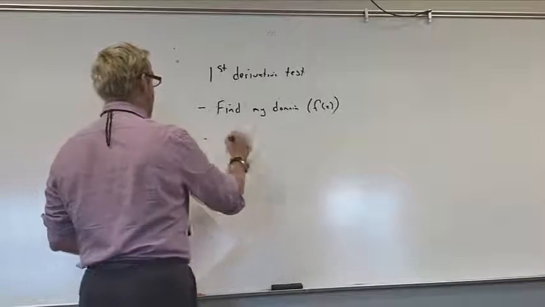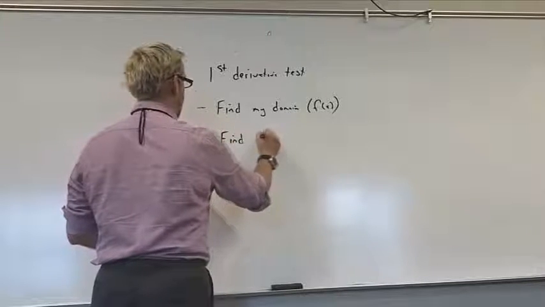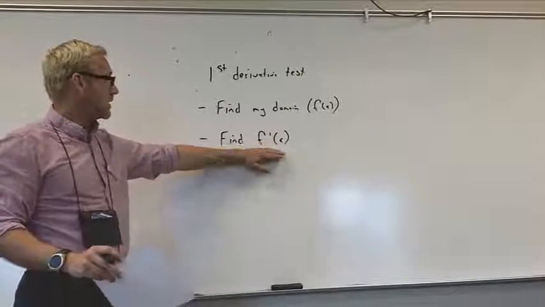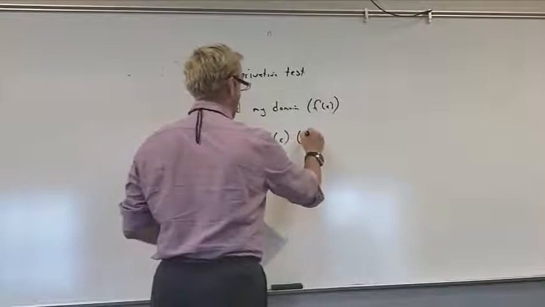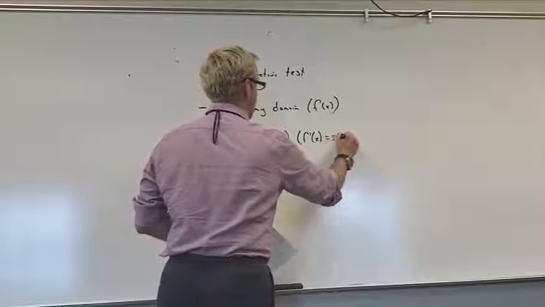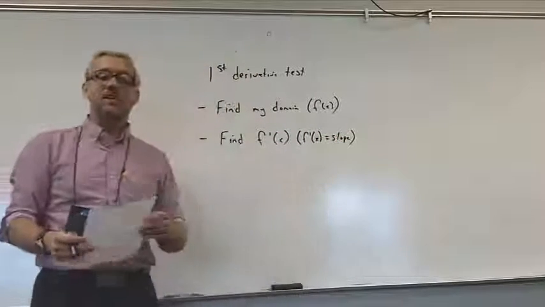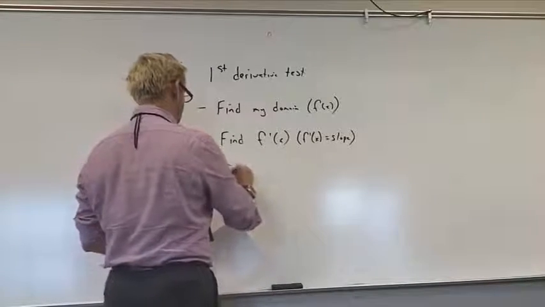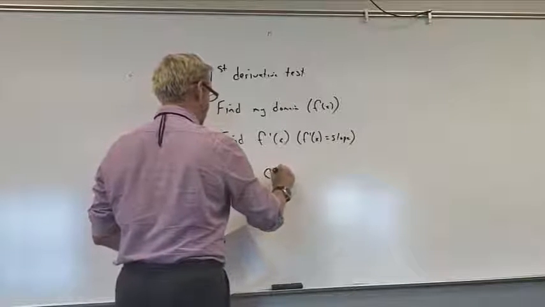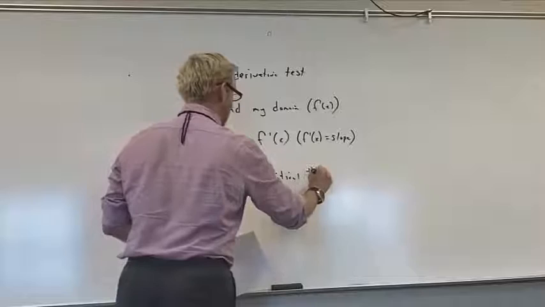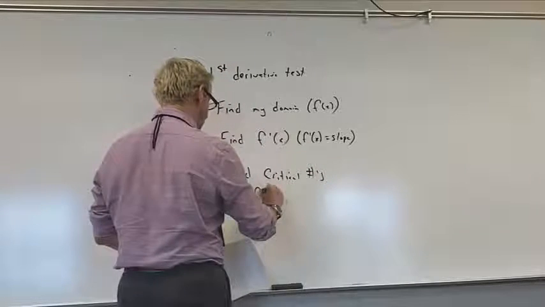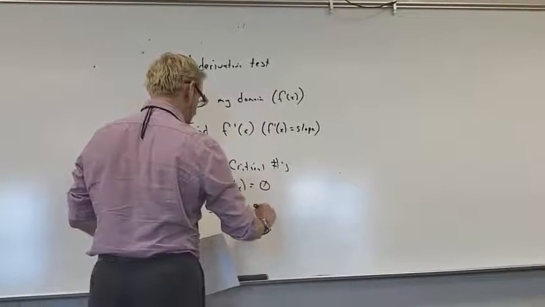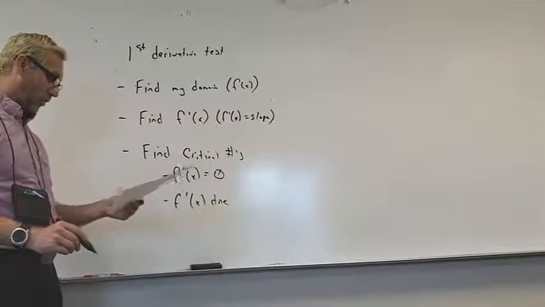All right, so our next step, we're going to find f prime of x, the derivative of f of x. This, again, remember, tells us our slope. Our slope can tell us where we are increasing or decreasing. Our third one, we're going to find our critical numbers. And again, this is two places: where f prime of x equals 0 and where f prime of x does not exist or where we're not differentiable.